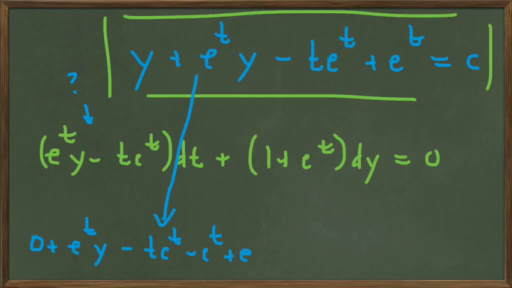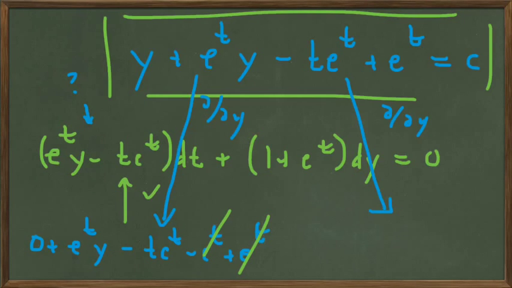Partial of the last term with respect to t is e to the t. And so this and the last two terms cancel out, and yes, we get this. And now let's take the partial of this with respect to y and see what we get. We should get this.